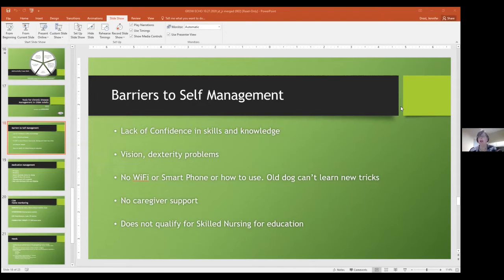And they may or may not qualify for some skilled nursing for education or even home health care. In order to qualify for home care, you need to have a need for skilled nursing.